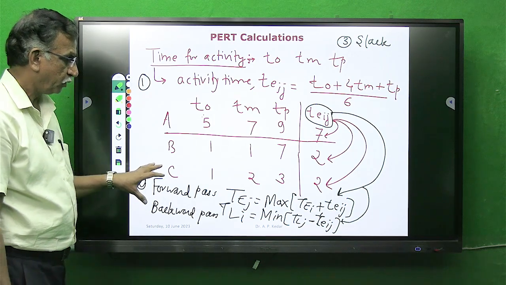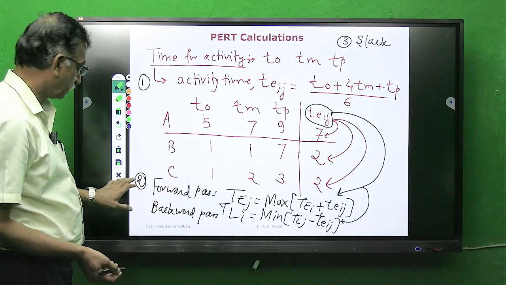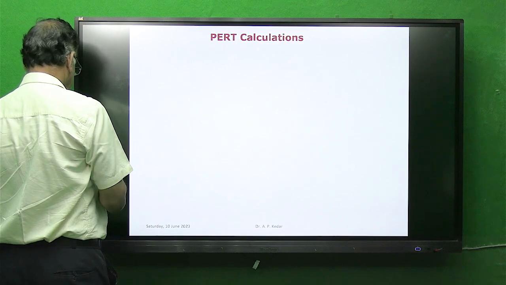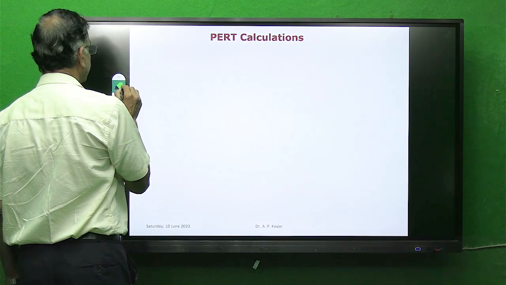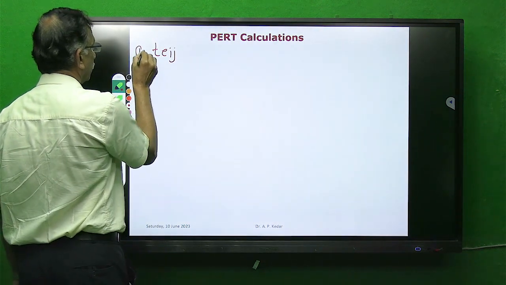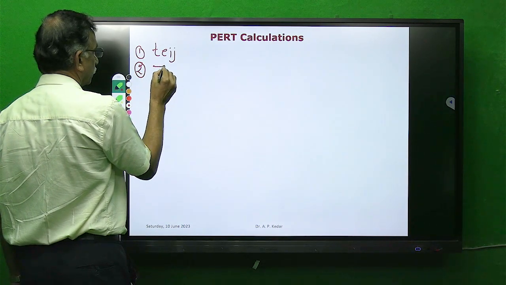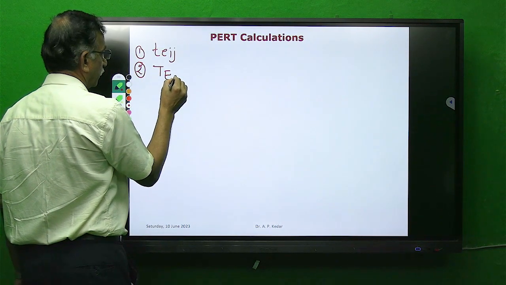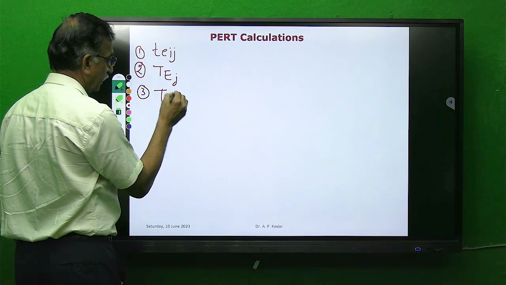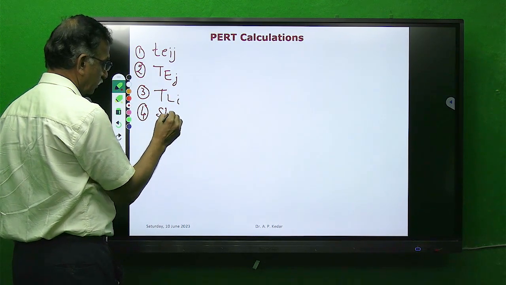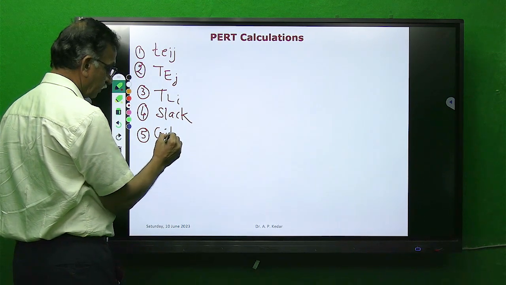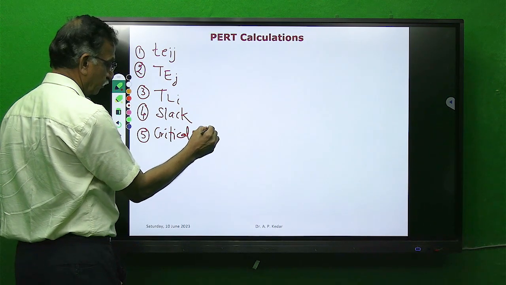Now once we find this, we find first TEIJ, then we find TEJ, then we find TLI, then we find slack, then we find critical path. This is the flow.